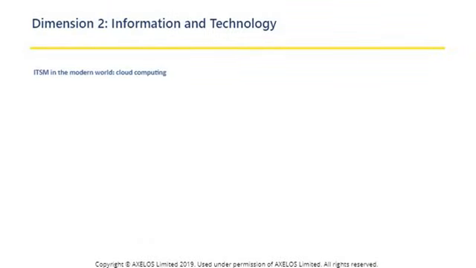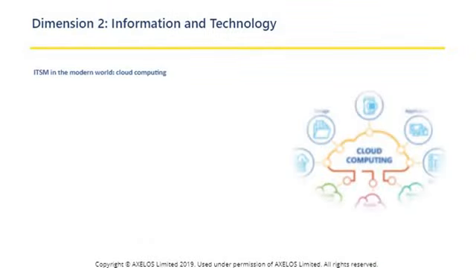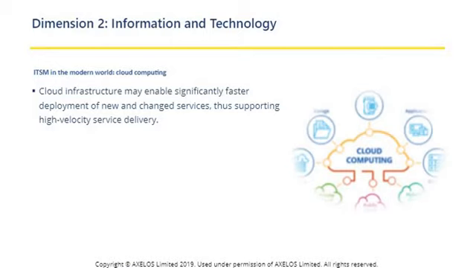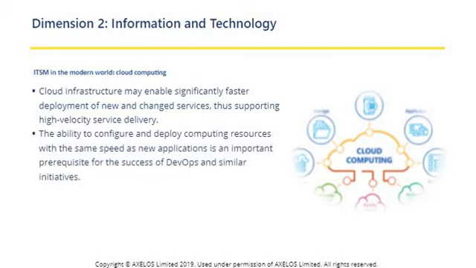Another important effect of cloud computing, resulting from the elasticity of computing resources, is that the cloud infrastructure may enable significantly faster deployment of new and changed services, thus supporting high-velocity service delivery. The ability to configure and deploy computing resources with the same speed as new applications is an important prerequisite for the success of DevOps and similar initiatives.